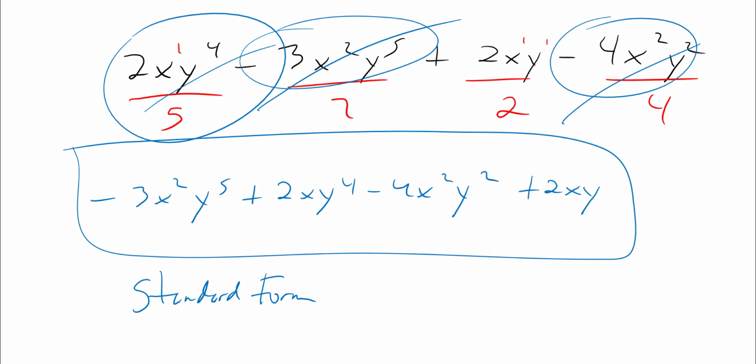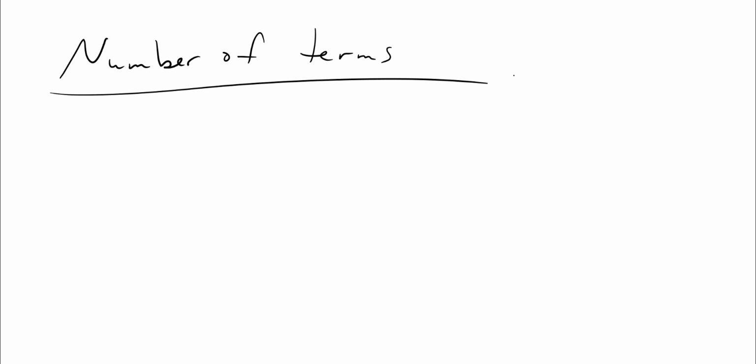What else do I want to talk about? Oh, let's just talk about number of terms, because that's actually an important concept too. So number of terms, and remember, a term is split up by a positive sign or a negative sign, plus and minus, right? Okay, so these are all called polynomials.